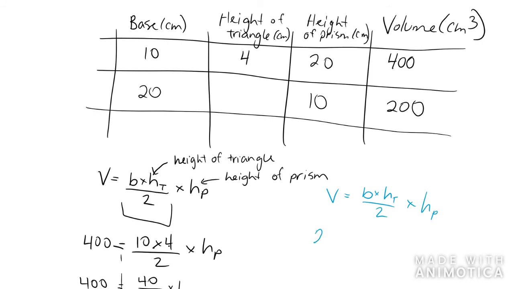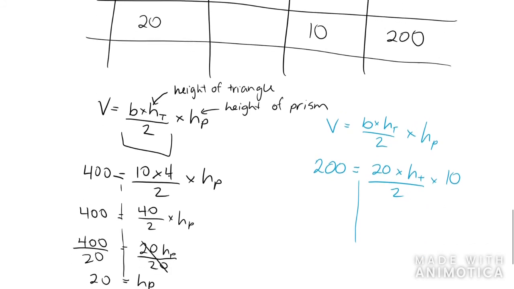We know this is 200. We know the base is 20. But this time we don't know what HT is. And this one's 10. So 20 divided by 2 gives me 10.